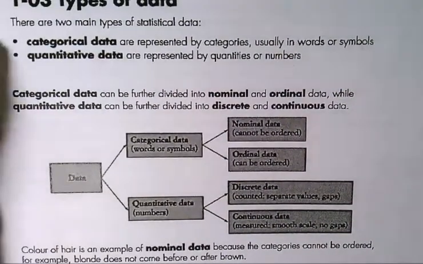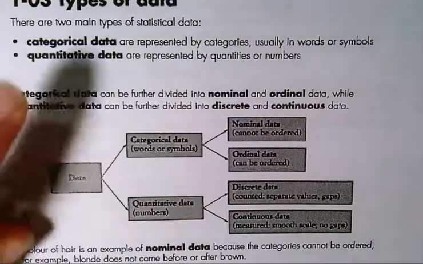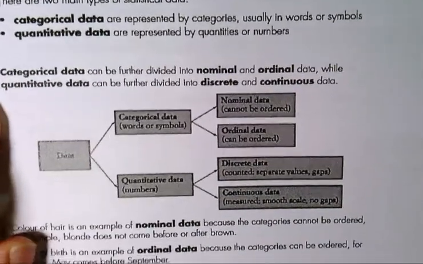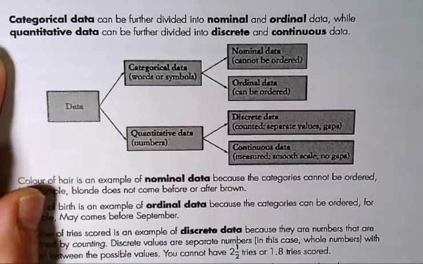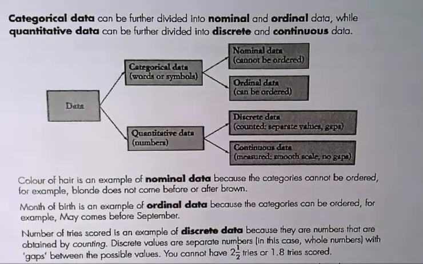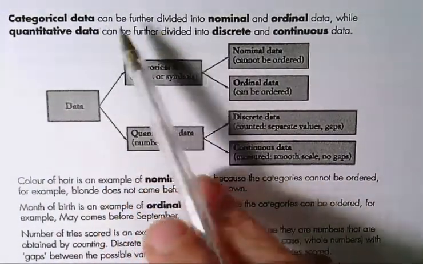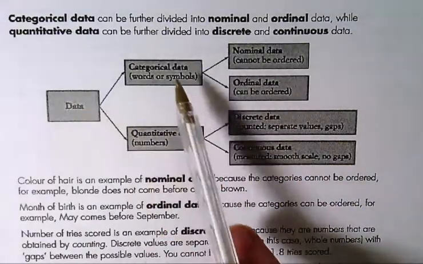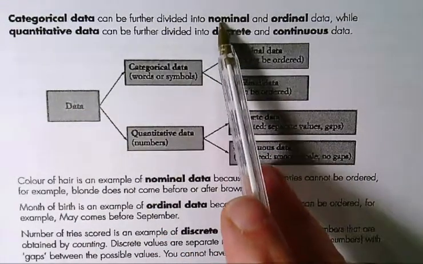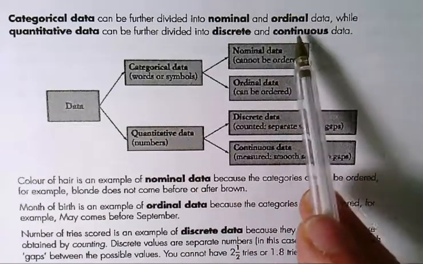Now, categorical data and quantitative data can be further broken up. Categorical data, now this is new for you, you haven't seen this before, can be further divided into nominal and ordinal data.